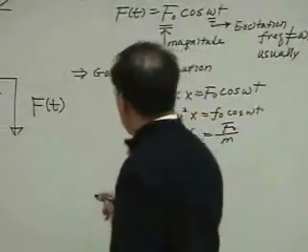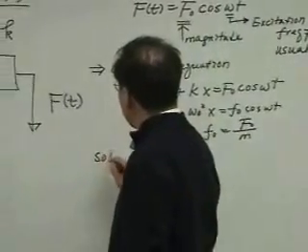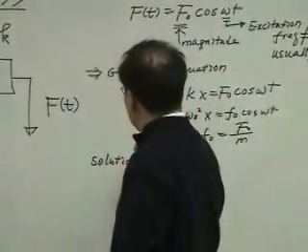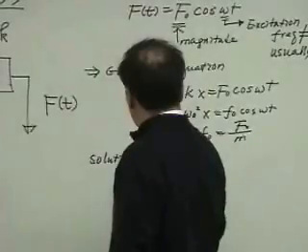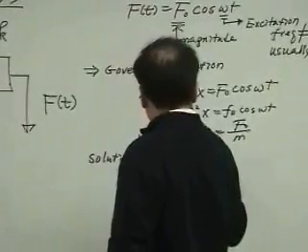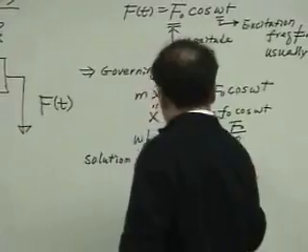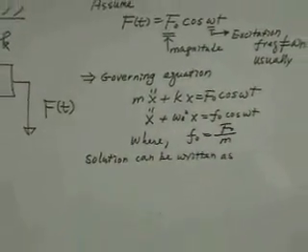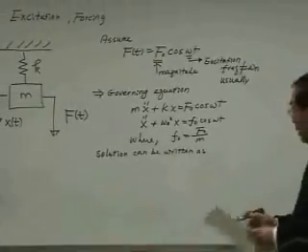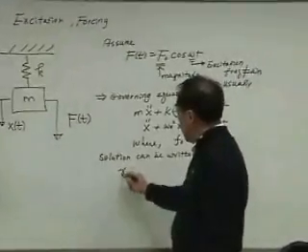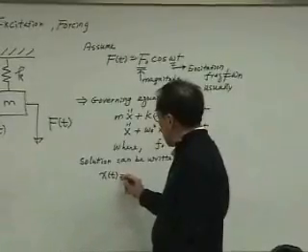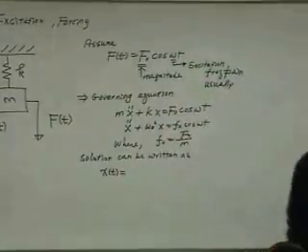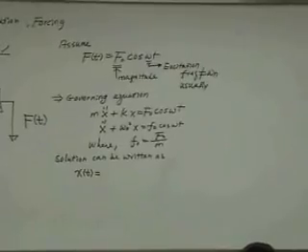Okay? And then we attempt to solve it. What we get is the solution can be written as x of t. One term is due to the what? Initial condition, right?